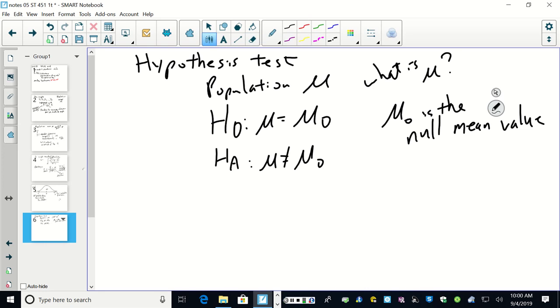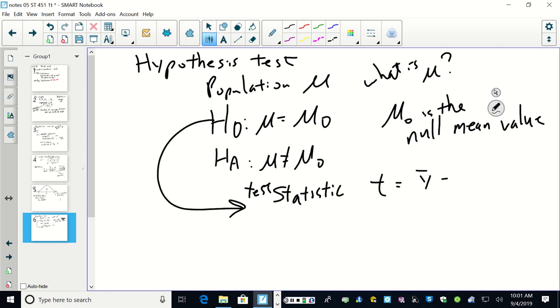So under the null hypothesis, when we did the permutations and the other hypotheses, we always looked at the distribution of a statistic under the null hypothesis. So our test statistic that we use is this t-value, y bar minus mu over s over the square root of n, all in the denominator.